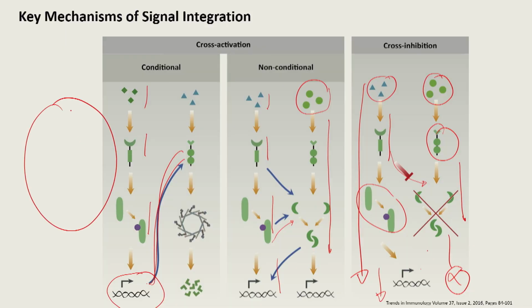For example, suppose this is a cell which is doing a transcription. Suppose this is a DNA which is doing a transcription of an RNA by DNA-dependent RNA polymerase. This RNA is going into the cytoplasm, binding to the ribosome to produce a protein by a process called translation. So this is translation and this is transcription.